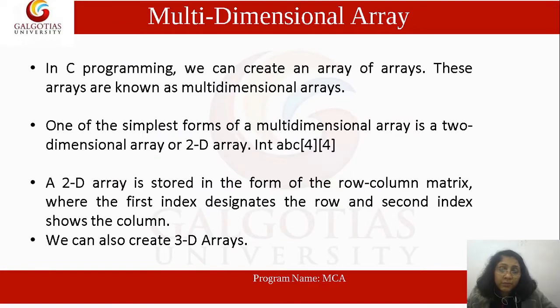In C programming, we can create an array of arrays. These arrays are known as multidimensional arrays. One of the simplest forms of a multidimensional array is a two-dimensional array, which you also call a 2D array.